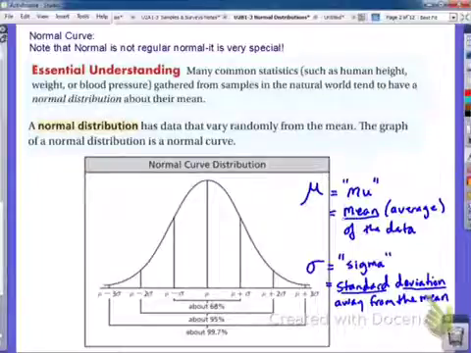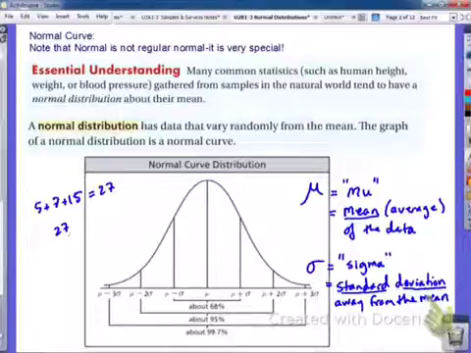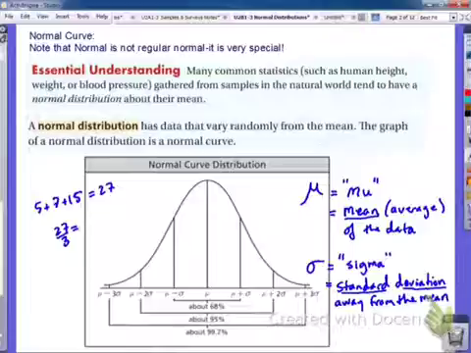Three different people, 5, 7, and 15 away. If I add those numbers up, 5 plus 7 plus 15, that's 27. In this case there's 3 people, so if I divide by 3, 9, of course.